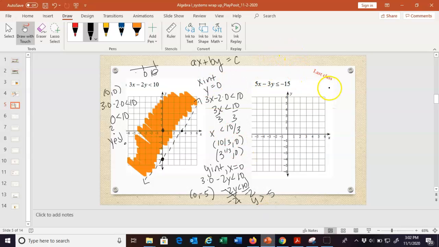All right, now let's look at this one. You guys should totally try x and y intercepts on your own paper. Pause this and try that. And I'm going to confirm on the calculator. So 5x minus 3y is less than or equal to -15.